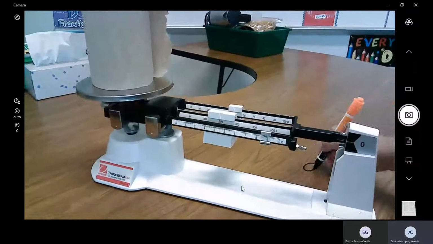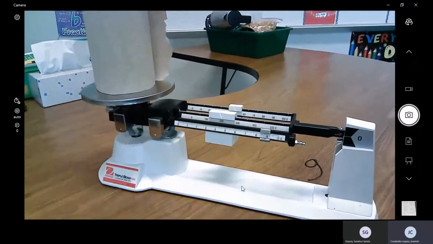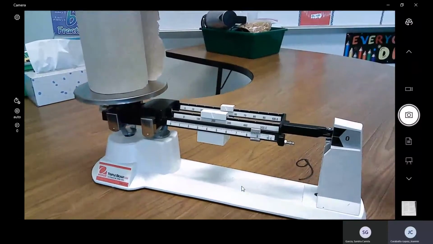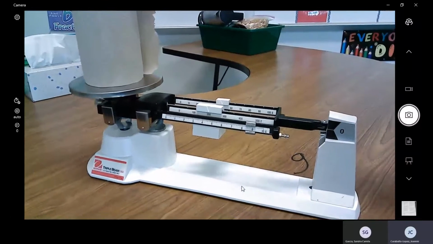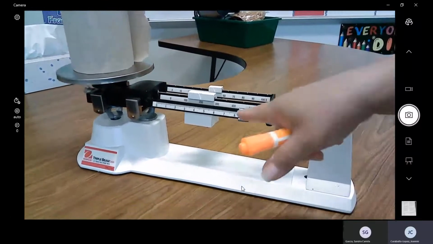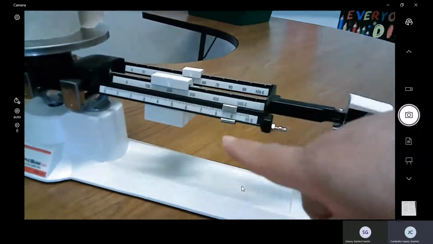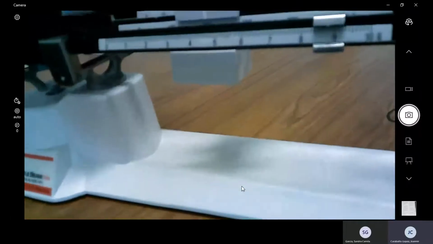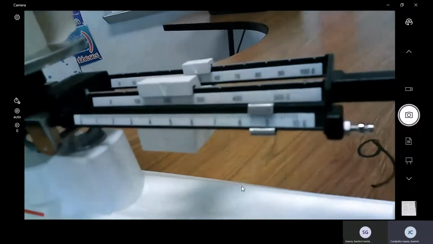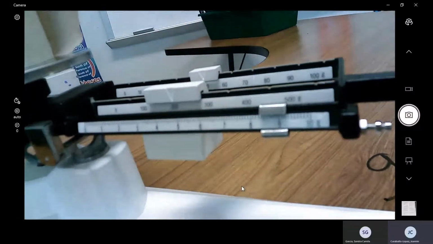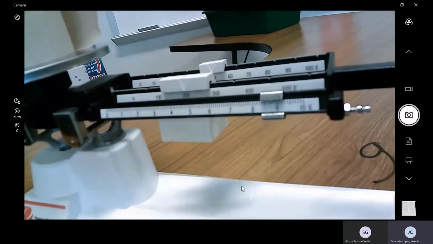All right, so I'm going to put a G here. What does this G represent? Gram. So I put the G there, and then what's going to be my ones place? I think it's an 8. Actually, look, if you get closer, it's an 8. 8 point what? 8.5.